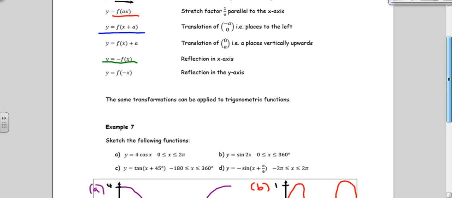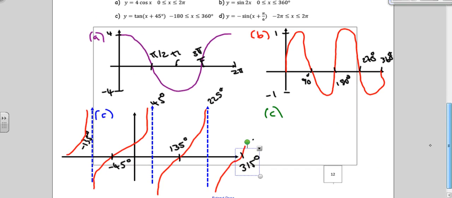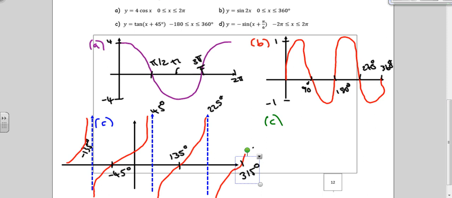So we have a reflection and a translation happening at the same time. So, draw my axes. So this time we have a period of minus 2 pi to 2 pi.